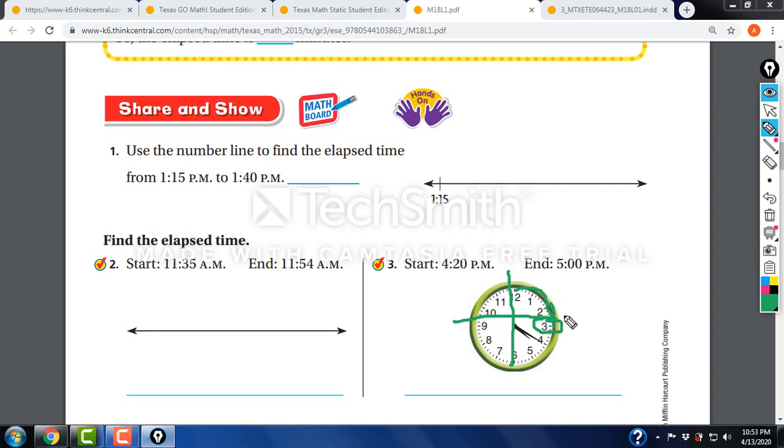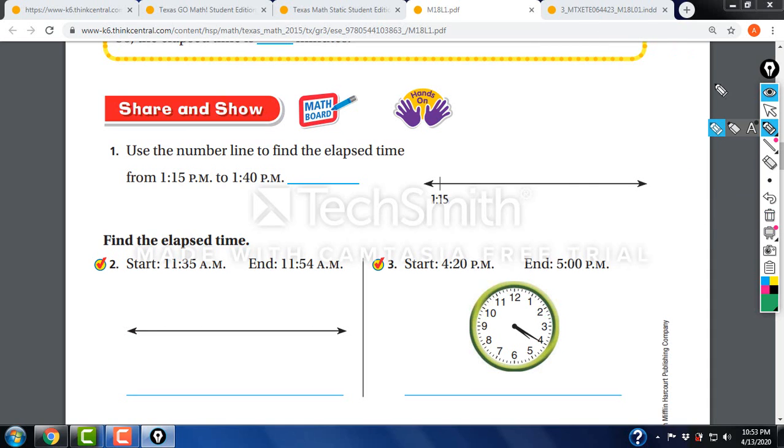And this right here is a quarter before, starting here at the 9. So a quarter after is 15 minutes. A quarter before is another 15 minutes. Okay? And you need to know that, because you'll see some people still use that. Oh, it was a quarter after 9, or it was a quarter until 10, and you have to know what they mean when they say quarter. Quarter after falls here. Quarter until falls here.